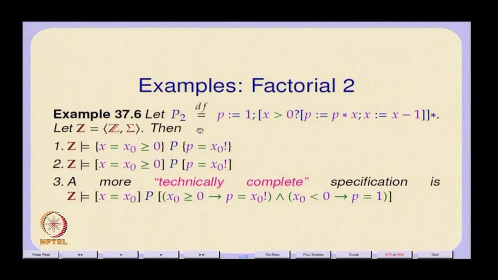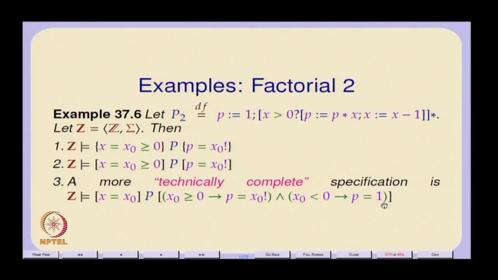The basic idea here is that every program is correct. It only depends on what the specification is. So a technically complete specification under the integers would specify what happens when x naught is both negative and non-negative. And you actually get this interesting case that when x naught is negative, then you get your product to be 1.